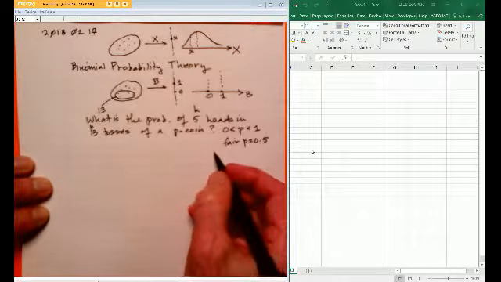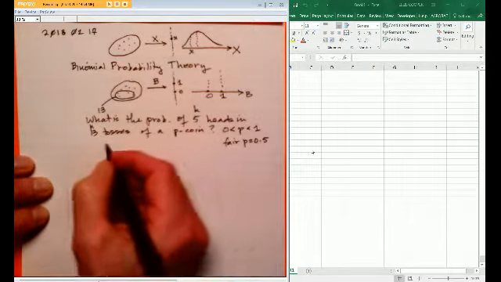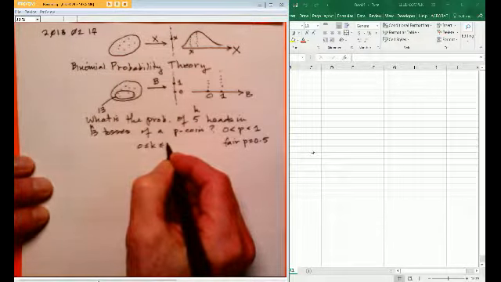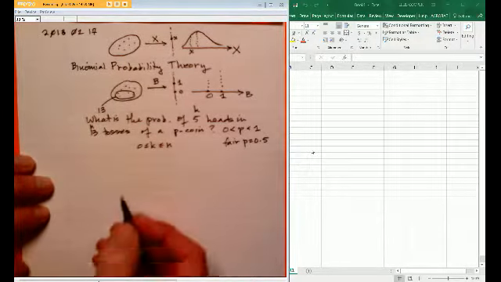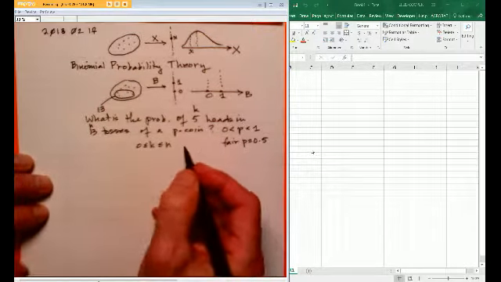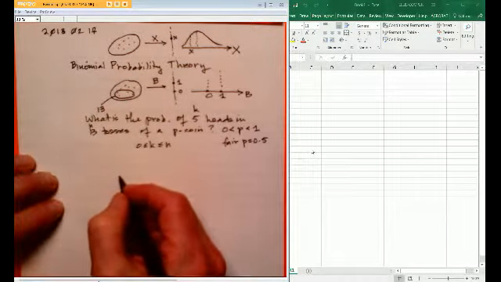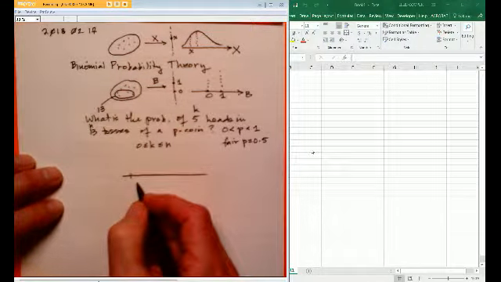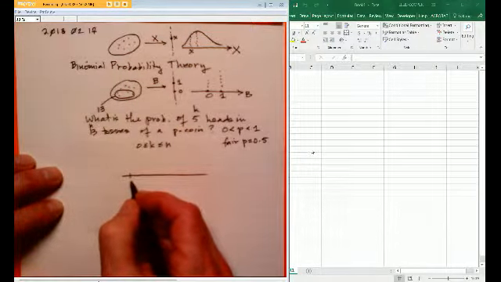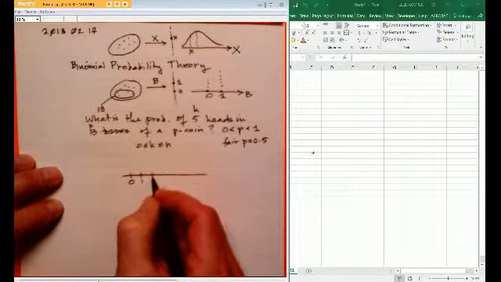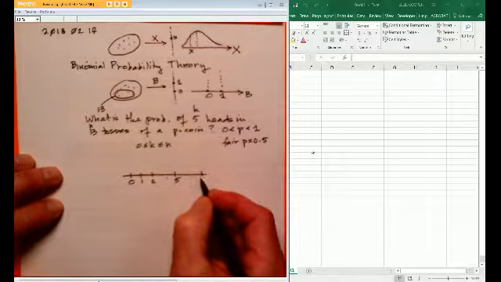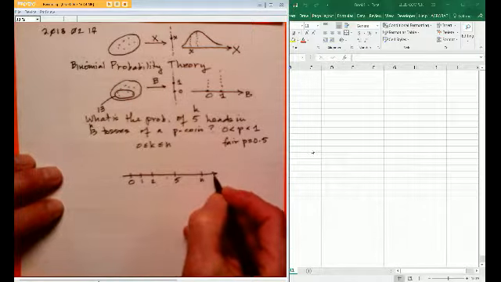So you have to assume, of course, that K is between 0 and N. 5 is between 0 and 13. And in that case, in general, you'll have a probability distribution histogram that goes from 0 to 1 to 2 heads and so forth, 5 heads, maybe up to 13 heads, where N is equal to 13.